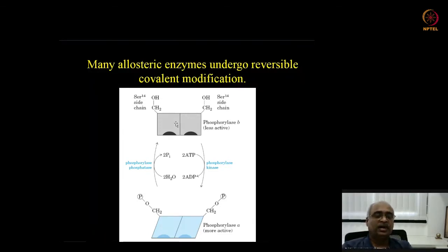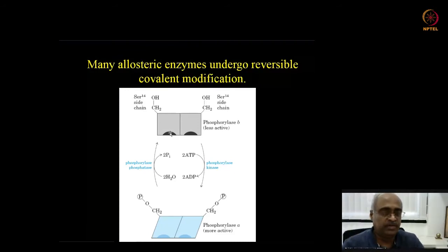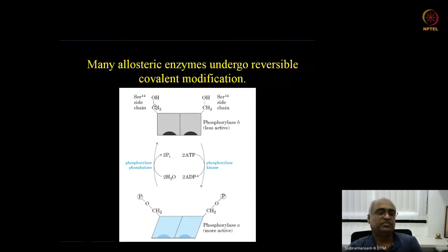One of the other ways of regulation of these enzymes is covalent modification. One of the residues on the enzyme, for example, if this is an enzyme with two subunits, it's phosphorylase. In this case, the 14th serine, its hydroxyl group, when it gets phosphorylated, becomes more active.